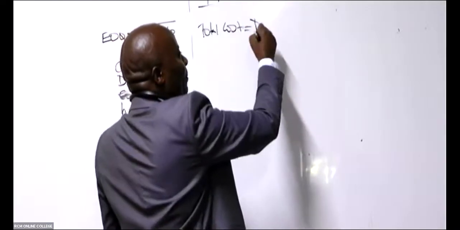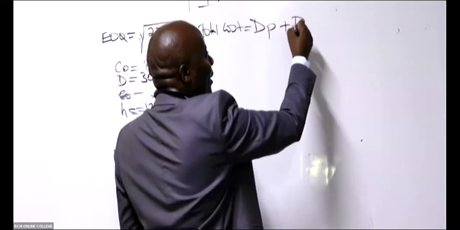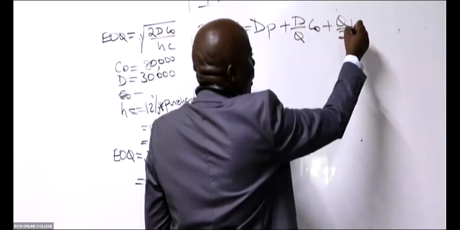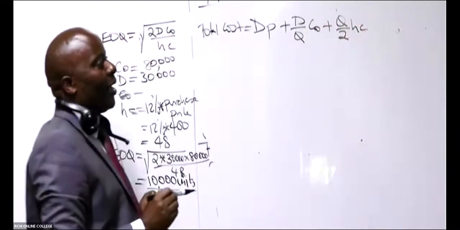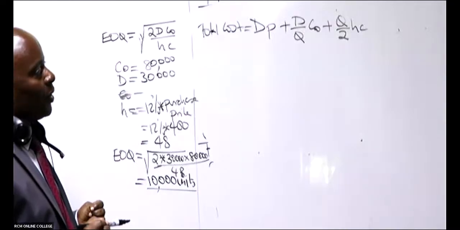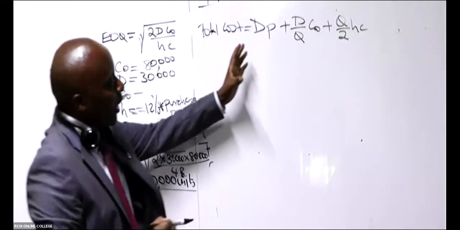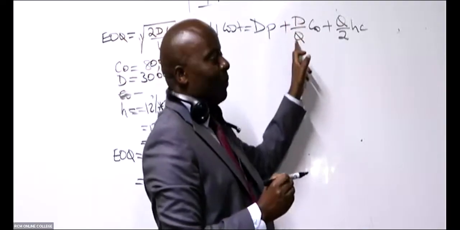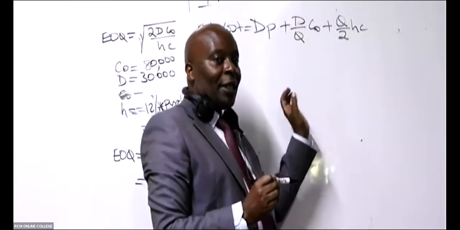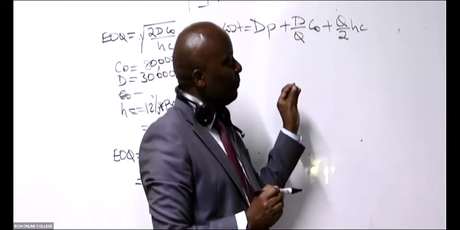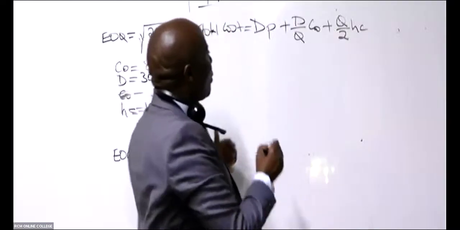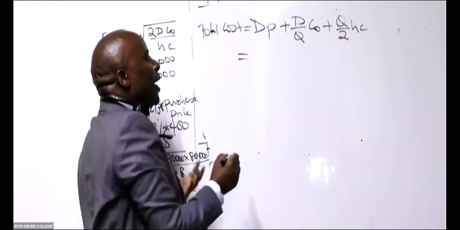So you take DP plus D over Q times CO plus Q over 2 times HC. Total cost equals annual demand times price per unit, plus annual demand divided by the Q you have gotten, times the cost per order, plus that EOQ you have gotten divided by 2 times HC. So in this particular case, what is the annual demand?